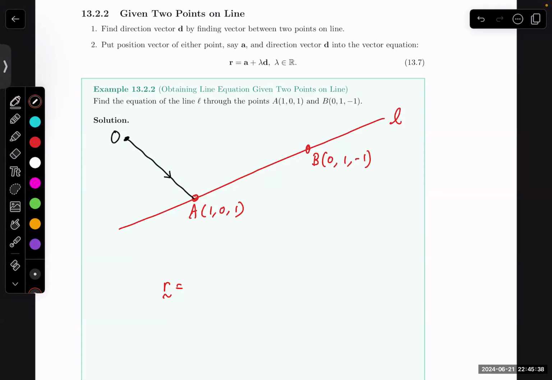So in order to walk from origin to A, I need them to walk from O to A following this vector OA. Now that they are on the line, I need to tell them to look towards the direction of vector AB. That's the direction vector of the line, vector AB.